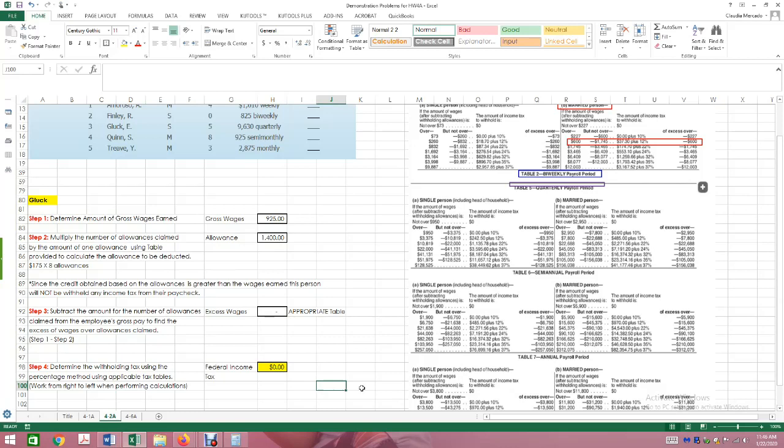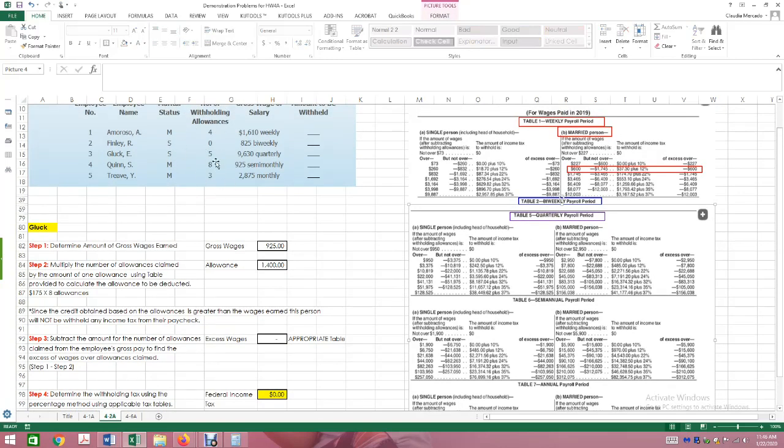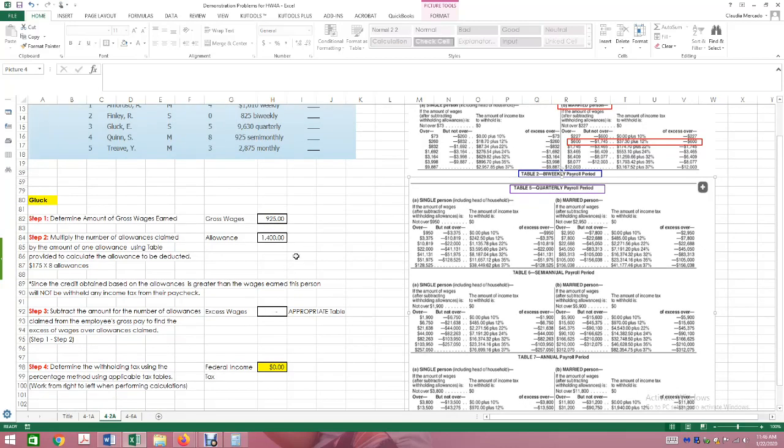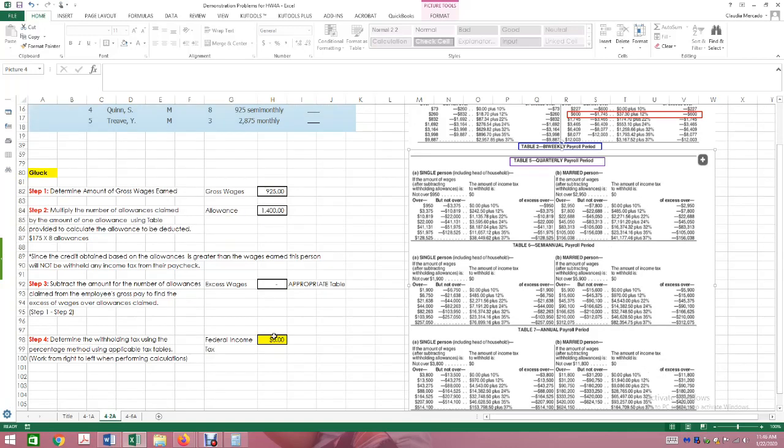Okay? So, when some people wonder, well, how come I'm not getting deducted from my paycheck federal income taxes? Well, some people claim a lot of allowances. That causes you to get a credit when they calculate your federal income tax, and reduce the excess wages, which is the amount that is subject to tax. And in this case, that is causing Quinn not to have to pay any taxes.